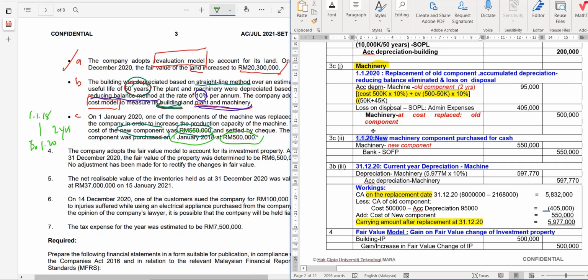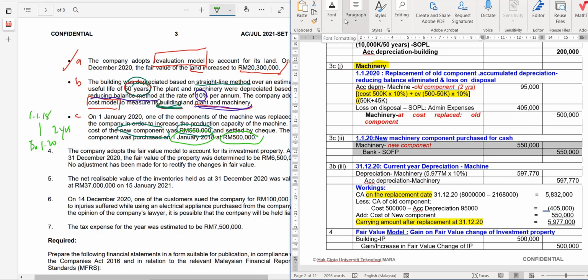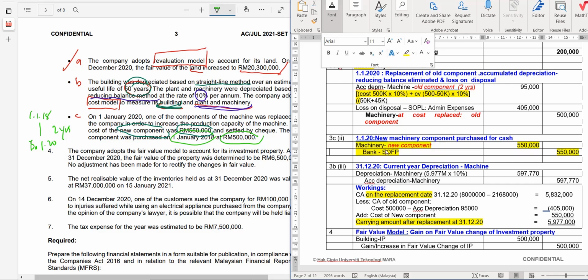Next, after the replacement of the machine, you buy new components. I split the journal entry so that you have a separate journal. The new component costs you 550,000, and you purchase it by check. So debit machinery, and you credit your bank.